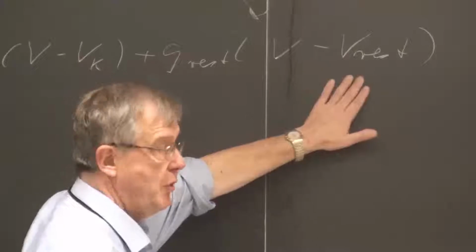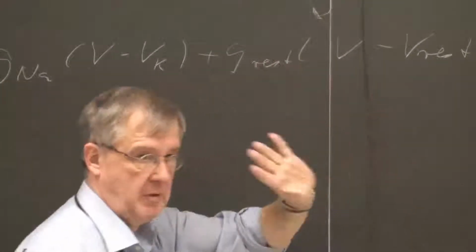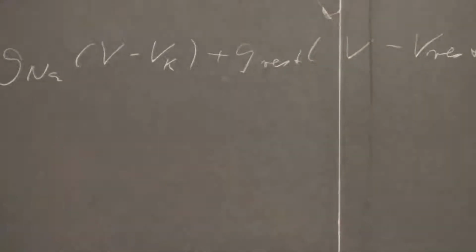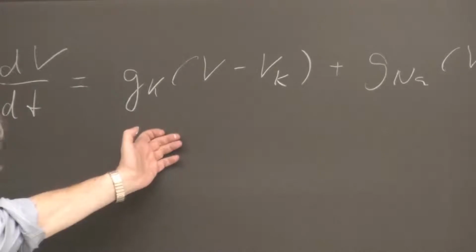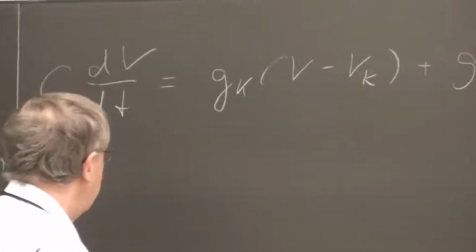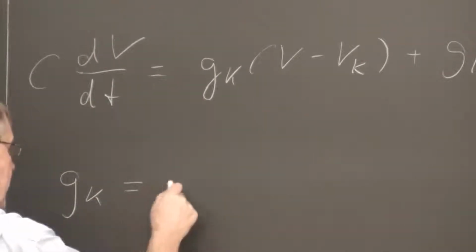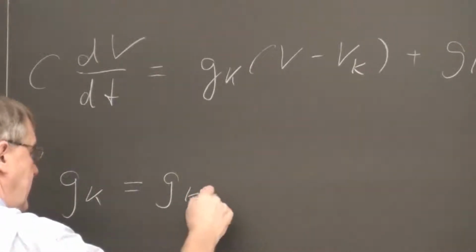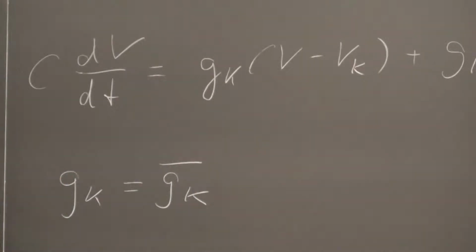This is a very small term. This is a small conductivity. We will not consider that much further. But here we have something interesting. We have, for the term GK, an independent part, a constant part of the conductivity, times a part that is voltage gated.